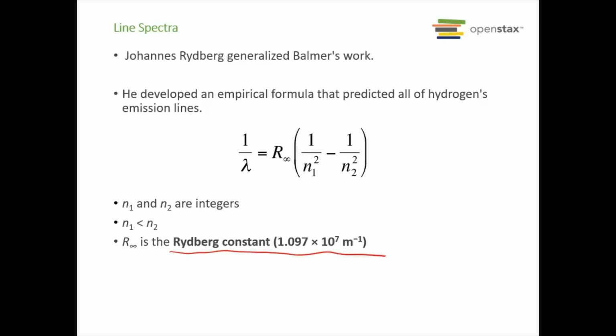So there's its value, times 1 over n1 squared minus 1 over n2 squared. n1 and n2 are integers. Okay, and n1 is less than n2. So there's another thing.